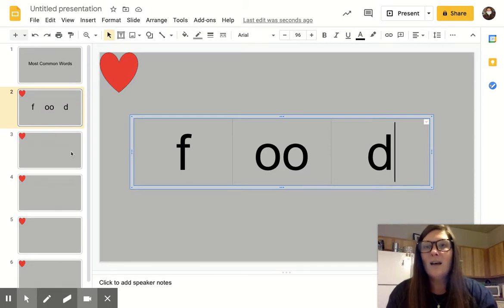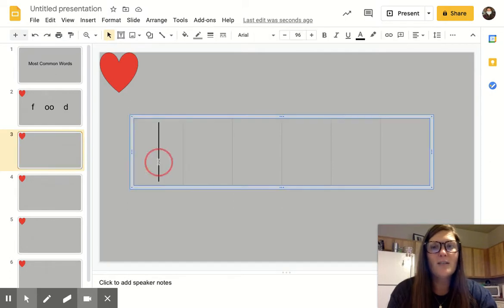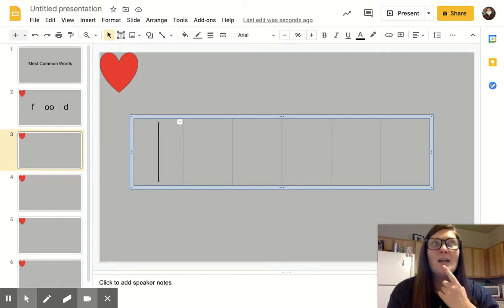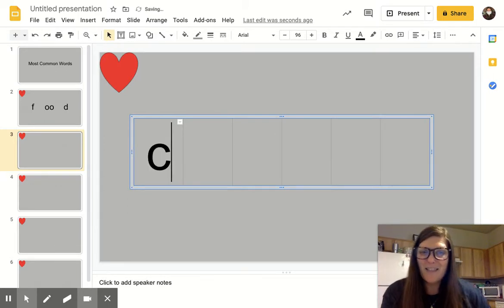Let's see if we need our heart for country. The first sound in country is k. Is it going to be a C or a K? I think it's going to be a C, and that is how it's spelled.